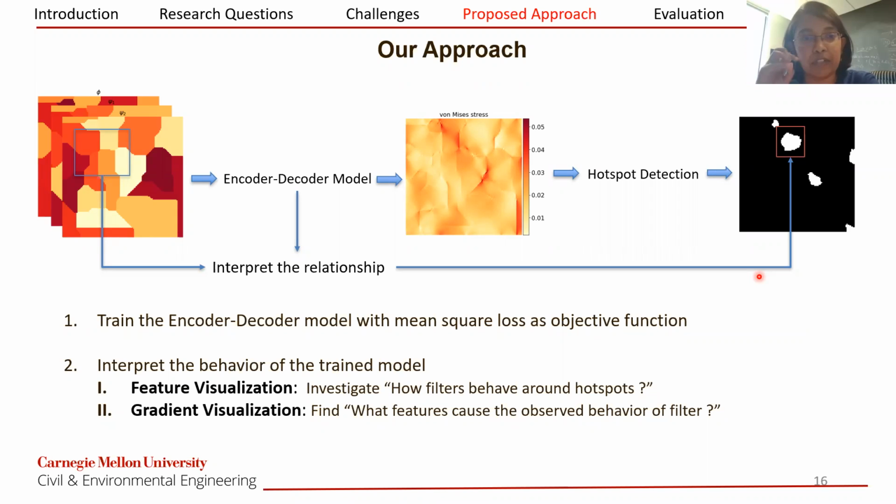Since you have scaled your stresses from -1 to 1, you are trying to locate the hotspot, the point of peak stress. You're not providing what the maximum stress is? Yeah, I'm not providing that. I want to find the location, the size, and the shape. I don't care about the values. I just want to find out where this hotspot is going to be. Right now, this is my goal. Okay, thank you.